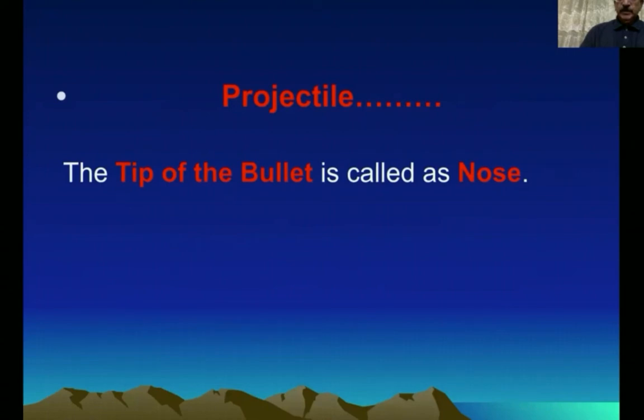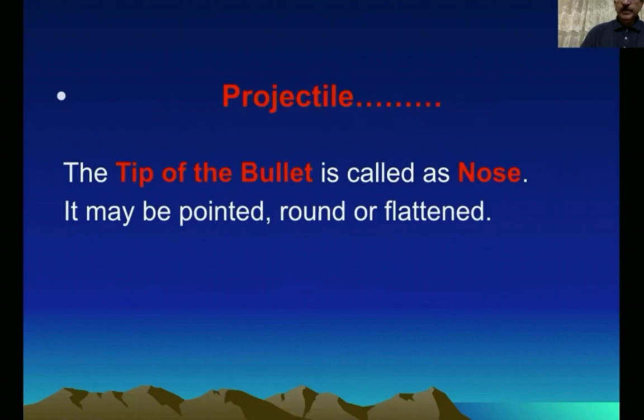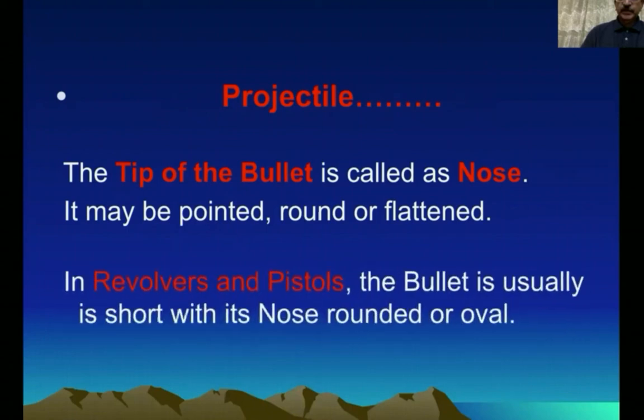And the tip of the bullet is called the nose. It may be pointed, rounded, or flattened. So various types of bullets have been made by various brands.